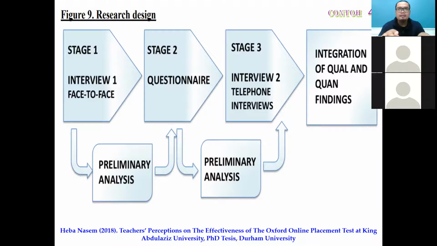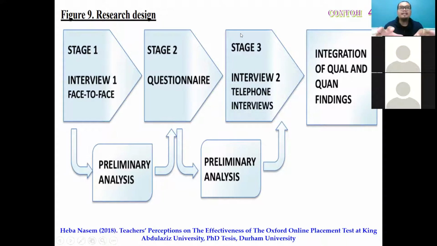Between stage 1 and stage 2, and stage 2 and stage 3, they do preliminary analysis. Then they combine the questionnaire and interview, integrating quantitative and qualitative; we call this the integration of qualitative and quantitative findings.